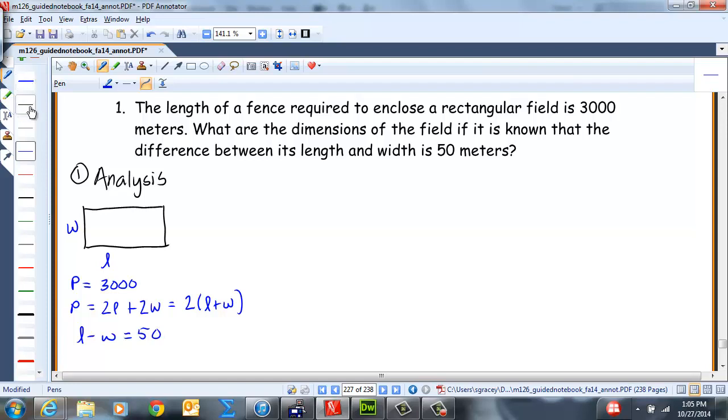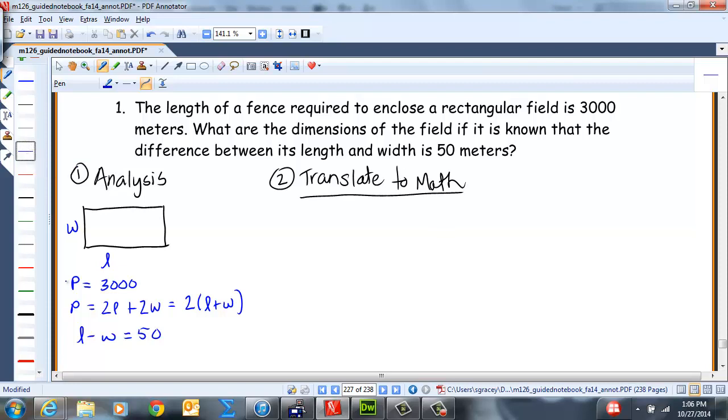Great. So the second step is to translate to an equation. Translate to math. So we've already got a lot of it done.